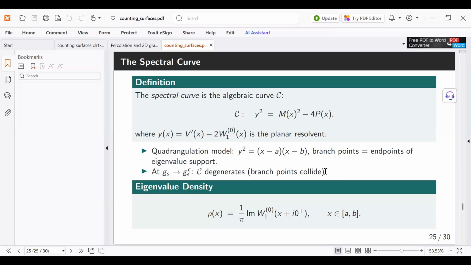I'm just wondering if there is a matrix model these eigenvalues come from, or is it just from a differential equation? The eigenvalue density is how we find the eigenvalues when the matrix dimension is large, and then in the complex plane there's a spectral curve.